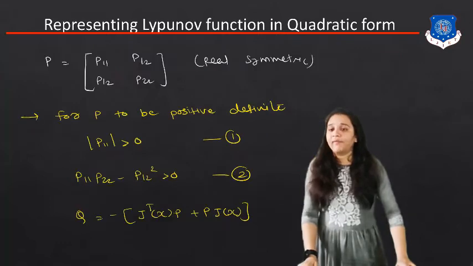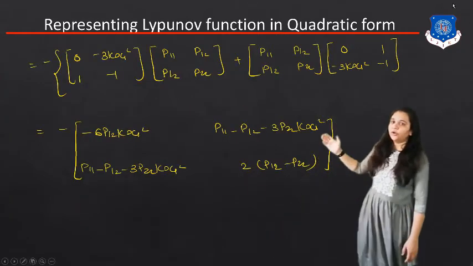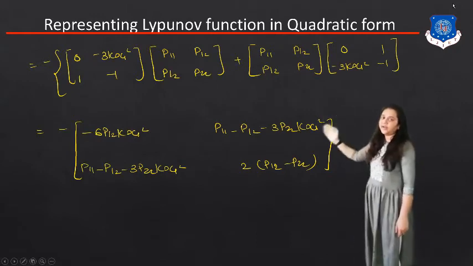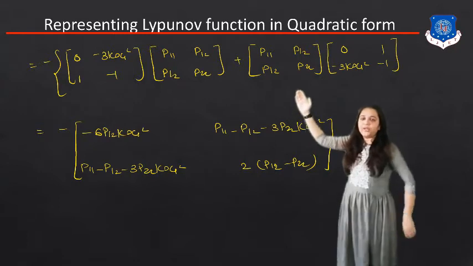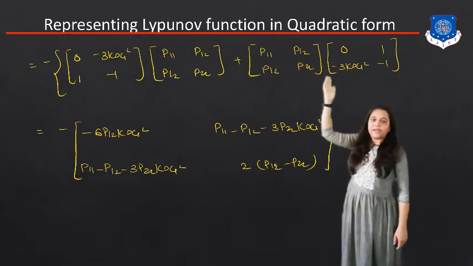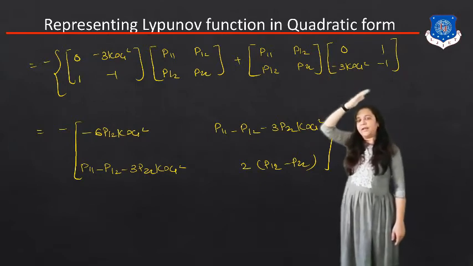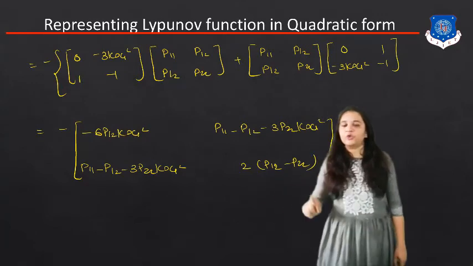Okay, so put the value of J and P in this equation. We have to multiply these two matrices and add them.